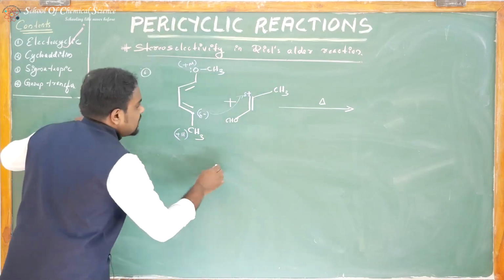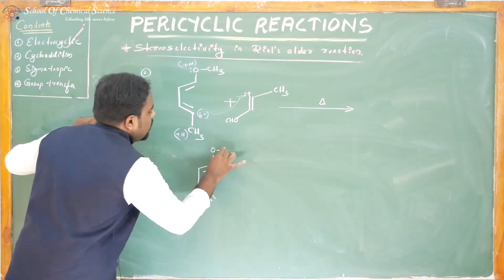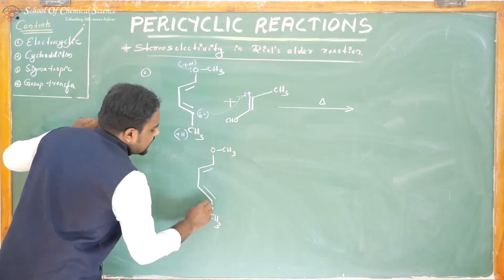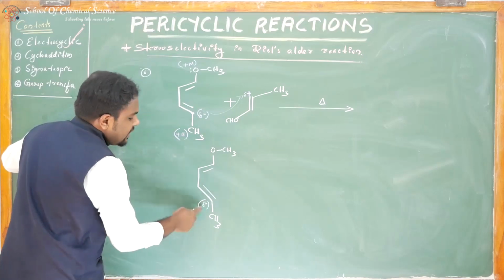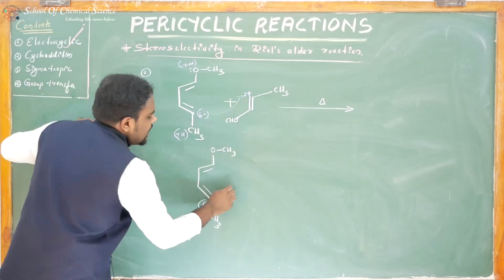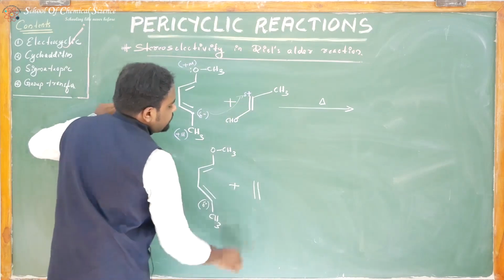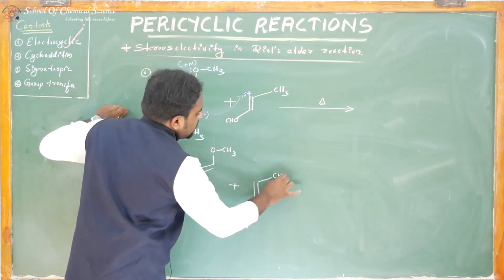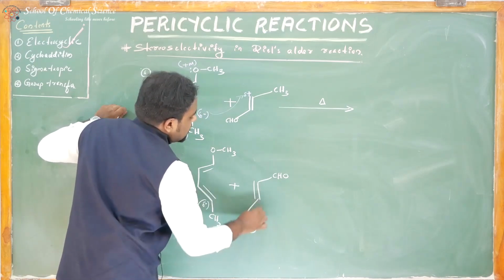So you can represent the reaction in this fashion. This is the diene having OCH3 and CH3. Here is the delta minus charge, and there is an electrostatic interaction between negative and positive charge. So reverse the dienophile. On reversing the dienophile, this is CHO and this is CH3, both trans.